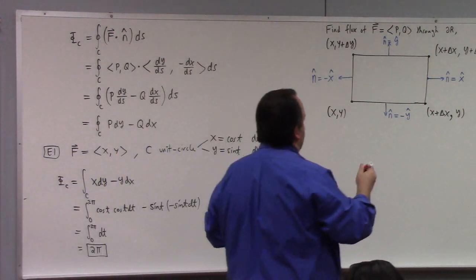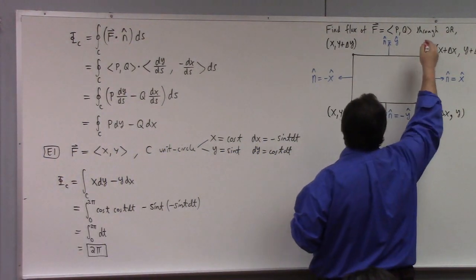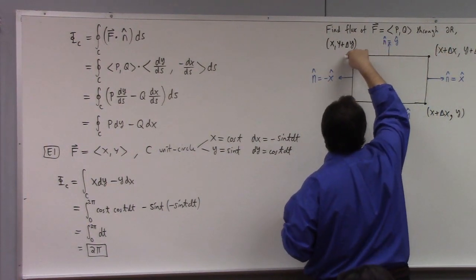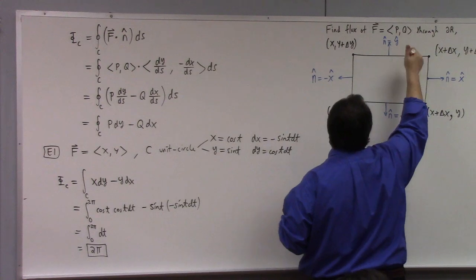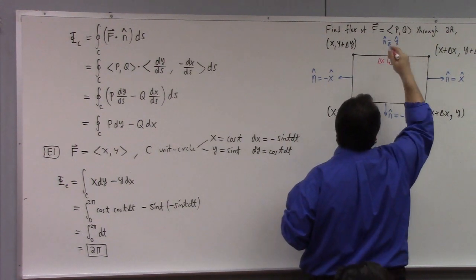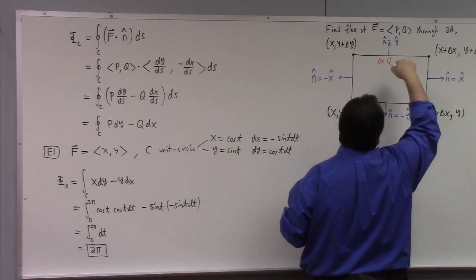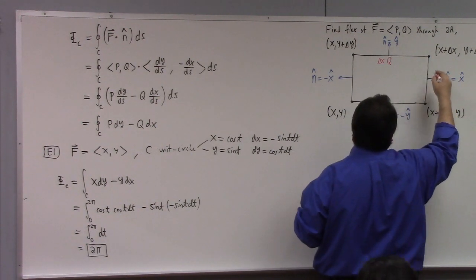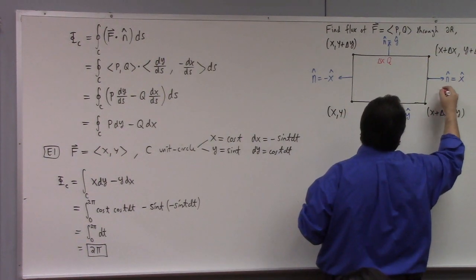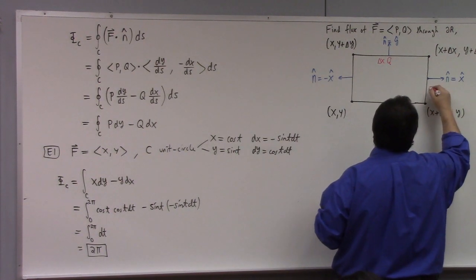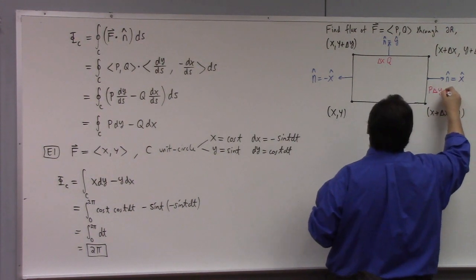Yeah, so here, what's the length here? Delta x. So we get delta x times q for the flux here, right? This one we get delta y. Let me write the vector field first. We get p delta y here, right?